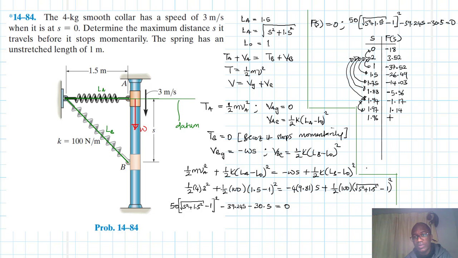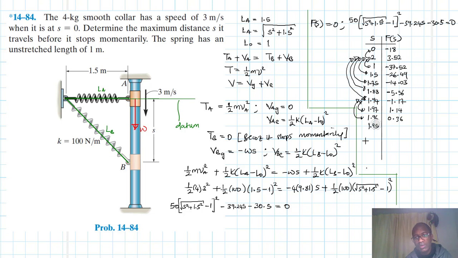So we have a 0.36. 0.36, average of the two again. 1.96 plus 1.94 divided by 2. This is the last value.